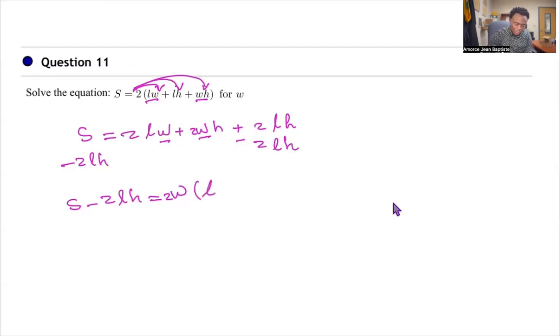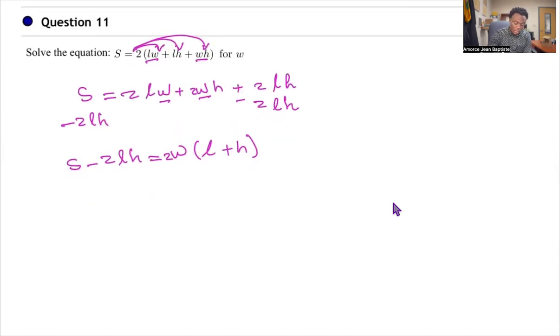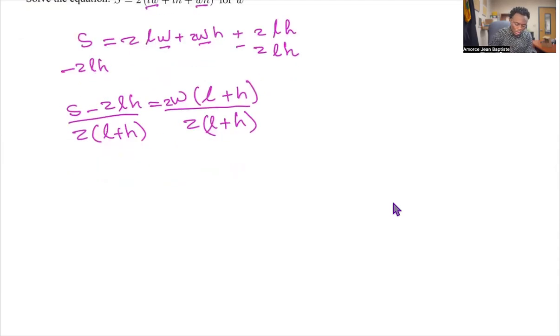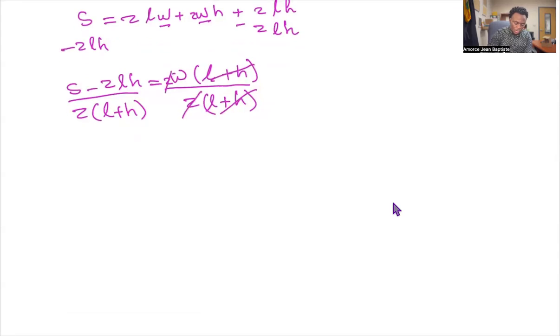if you want even the 2, L plus H, right? And then next, we divide both sides by 2L plus H. Then L plus H and 2 cancel.